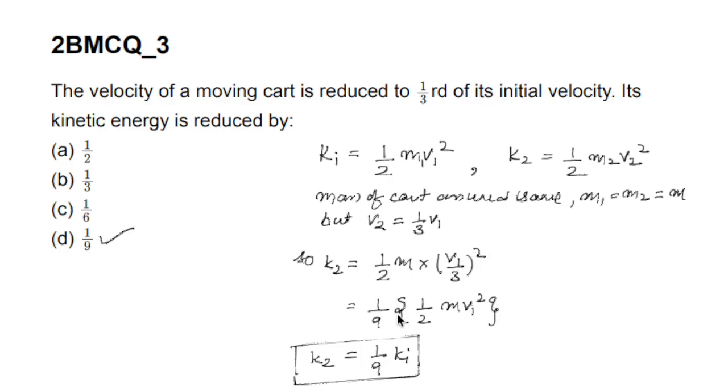Now if you square it, 1 by 9 will come. I can take it outside and keep the half mv1 square expression, which I know is the initial kinetic energy. So the final kinetic energy is 1 by 9th of the initial kinetic energy. This way, mathematically also we can prove. By intuition, we can see how kinetic energy is related to velocity, and that way we can calculate also.